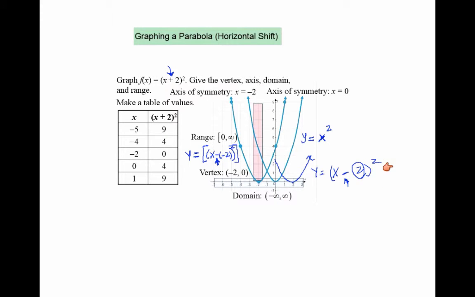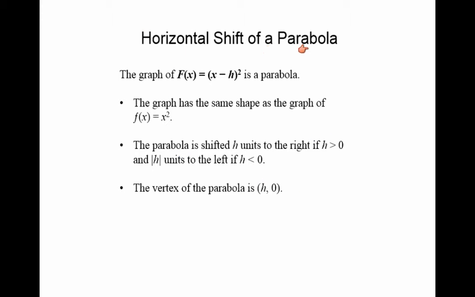For the vertical would be the number 2 added outside this, like I had earlier by mistake. If the number is added outside x, that would be the shifting up or down. If this number is added inside x, it would shift to the right or left. So horizontal shift of the parabola, the graph of f of x is equal to x minus h squared is a parabola.